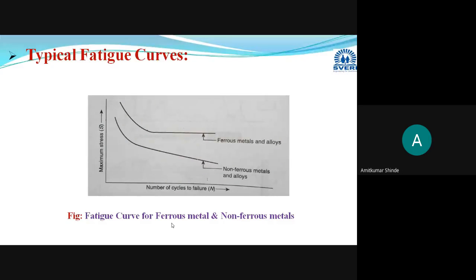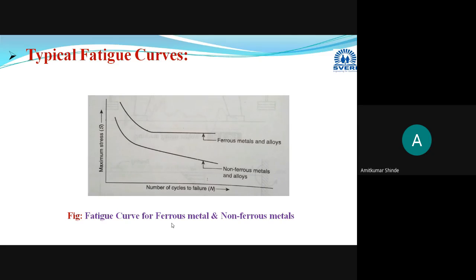But in case of the non-ferrous alloys, suppose magnesium alloys, copper alloys, lead alloys, tin alloys, what will happen here? Even if you decrease the load, you just have to increase the number of rotating cycles, and at a particular point that component may get failed.